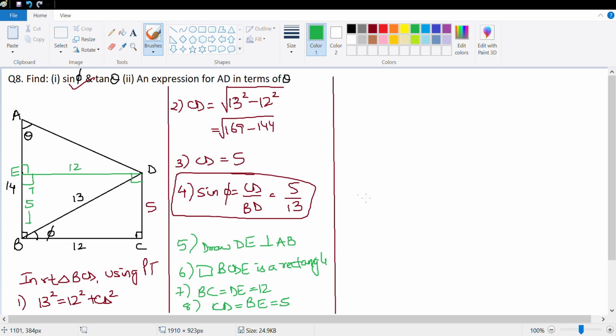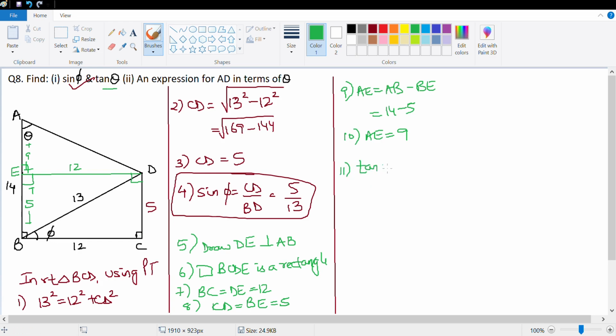Since the total is 14, which means AE is equal to 9. Let's just do that calculation. AE is equal to AB minus BE, which is 14 minus 5, which means AE is equal to 9. Now to find tan theta, let's just write that down.